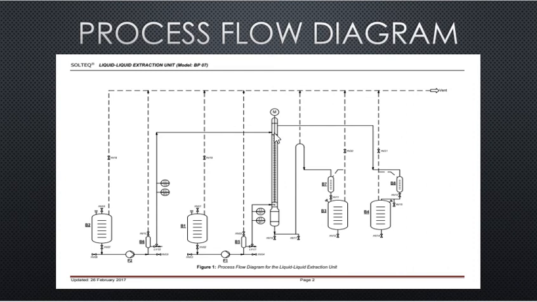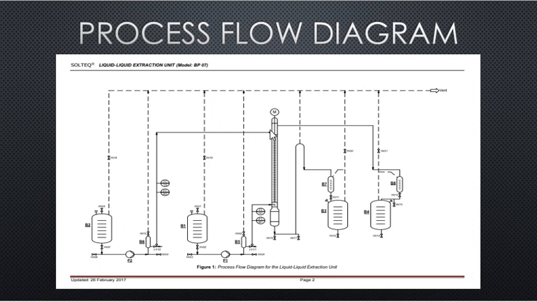The next part is the dosing pumps, P1 and P2. These two pumps operate to increase the flow rates, or the velocity, of the feed from these two vessels. Another part is the receiving vessels, B3 and B4.